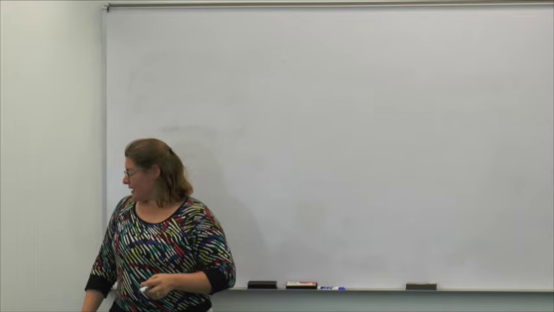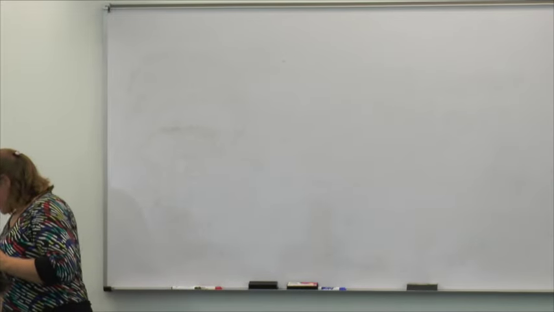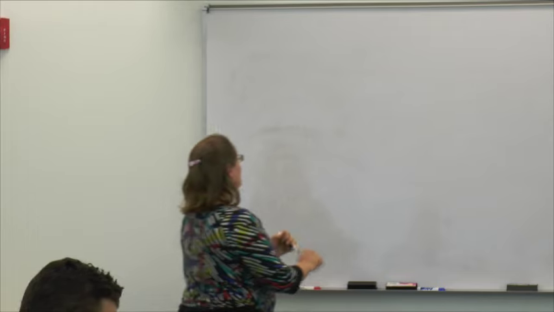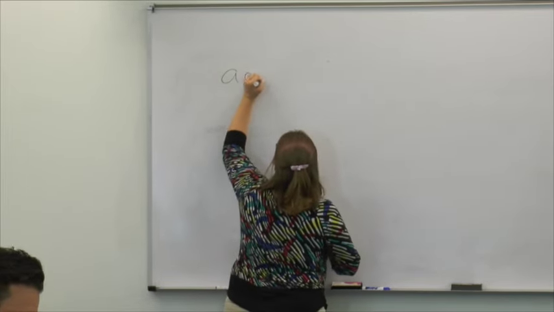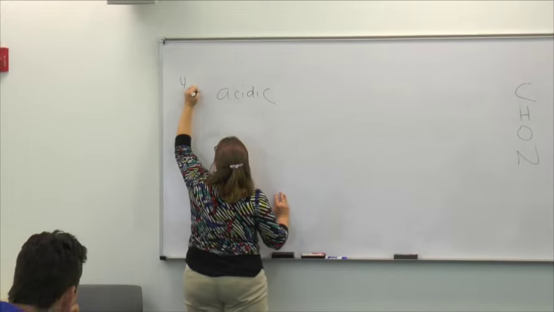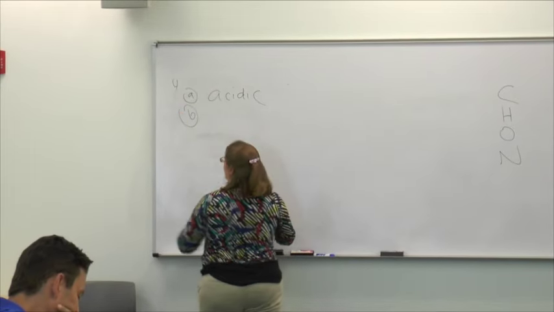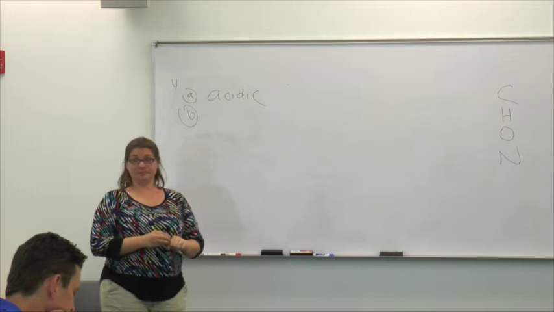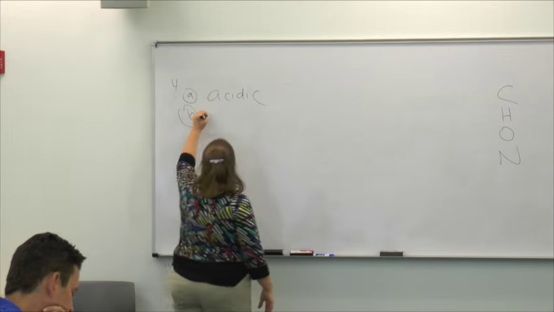Okay. So let's talk about these questions here. So letter A for number 4. A solution with a pH of 2 is an acidic solution. Okay, acidic. Number 4A. How about letter B? A solution with a pH of 9 is a basic solution.